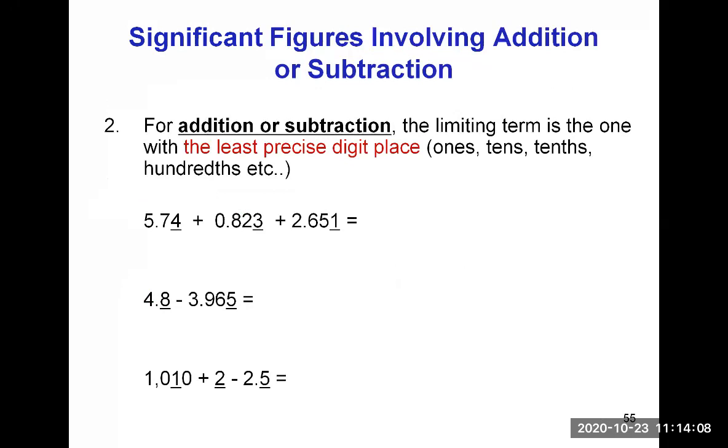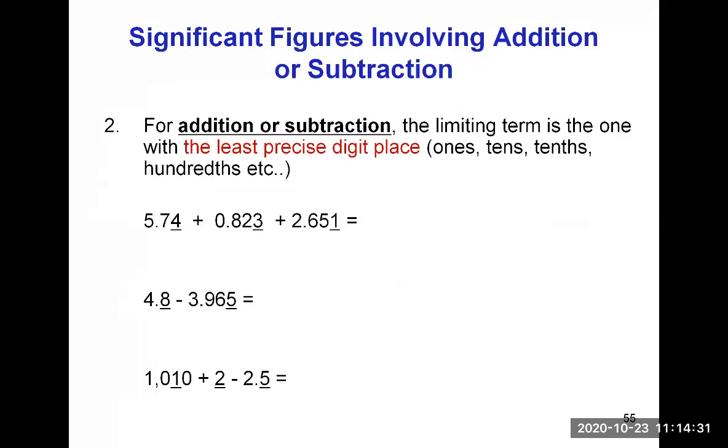Let's look at the rules now when you have measurements that you need to add or subtract. So for addition or subtraction, the rule is different. The limiting term is the one with the least precise digit place, or in other words, the least number of decimal places, if you have decimal places.